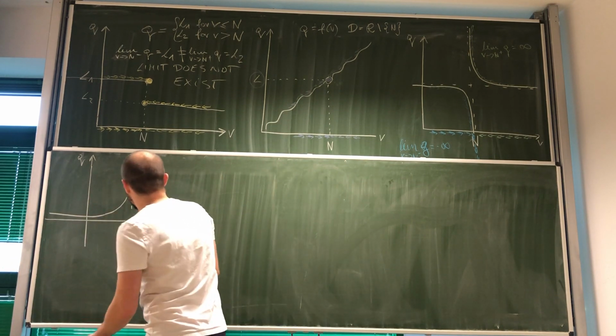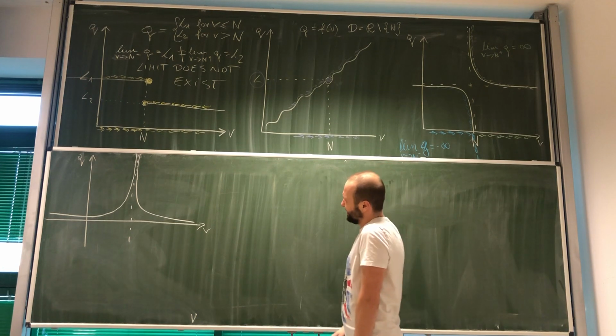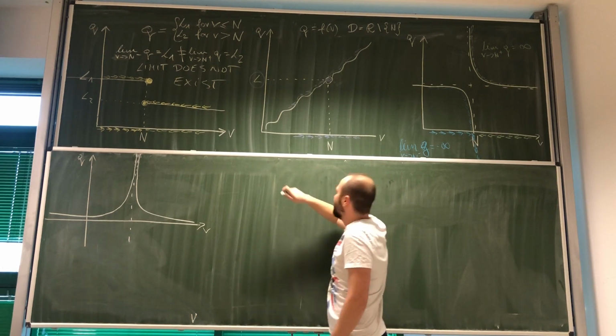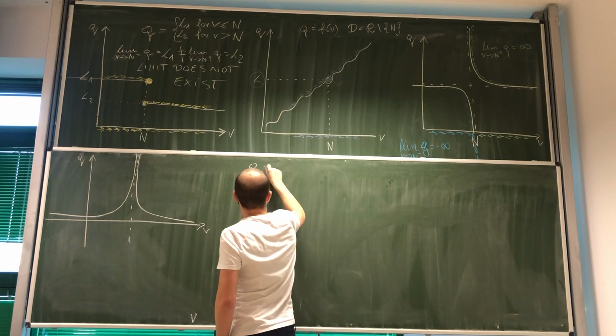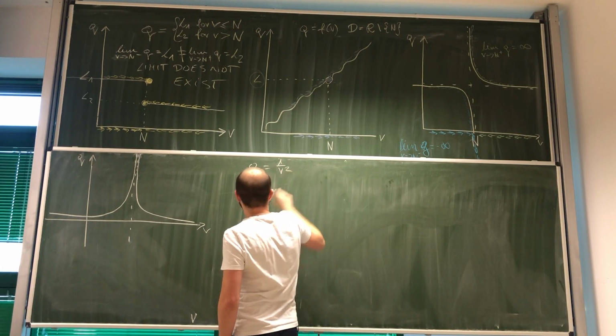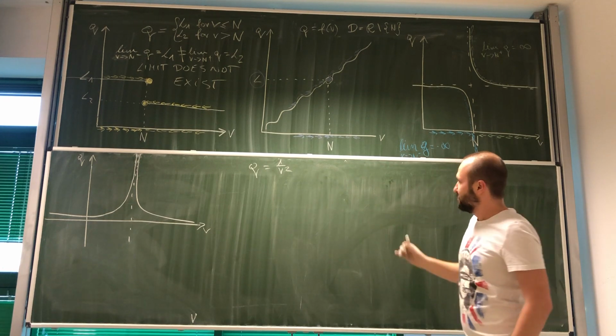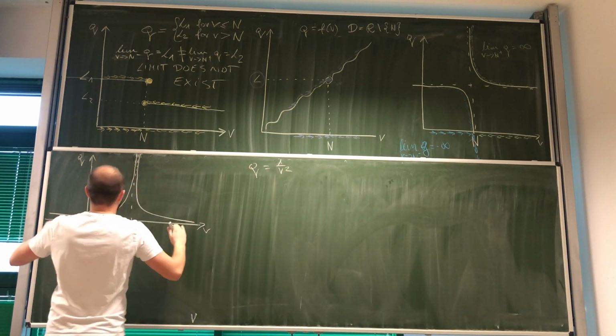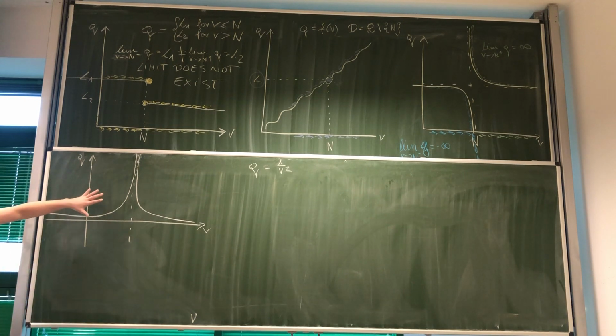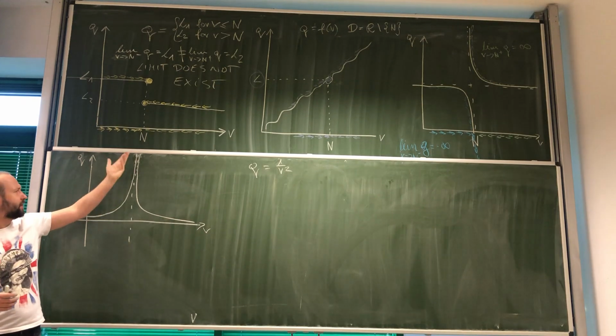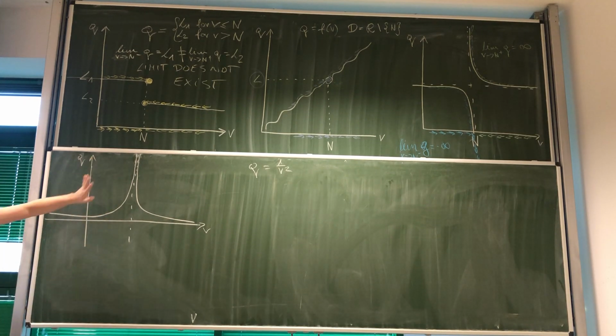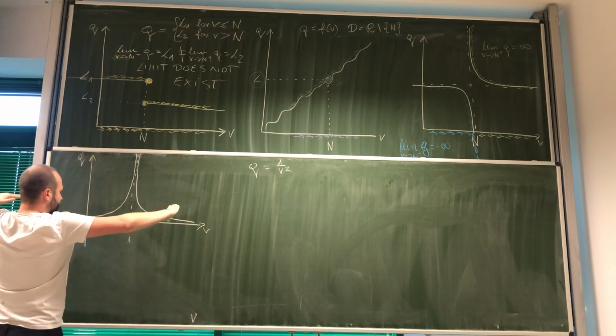We should also remember that we can get a function like this. Let's just say we have q equal to 1 over v squared, right? Because here we would get a reciprocal function, but if v is in the second power, all the negative values turn into positive, positive stays the same, and the curvature of the function changes slightly. But look, we also see that this function is not coming from here, but somewhere over here.